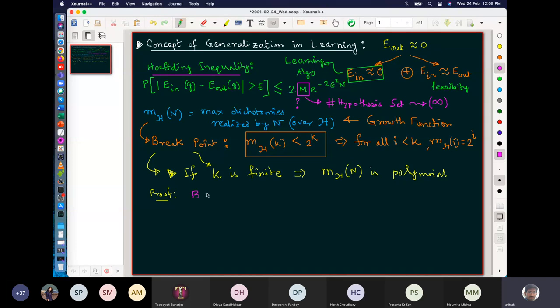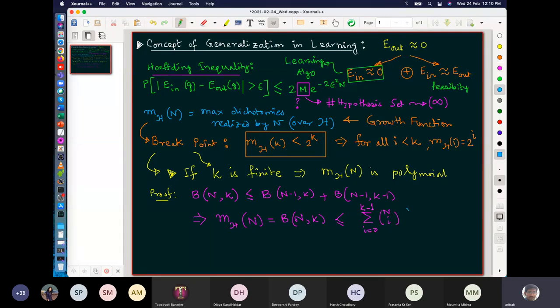Suppose this is the maximum number of dichotomies possible with n points having a breakpoint k, then we prove that this is equal to B(n-1, k) plus B(n-1, k-1), which gives us that the maximum possible number of dichotomies, which is also this quantity, is upper bounded by this equation: the sum for i equal to 0 to k-1 of n choose i.